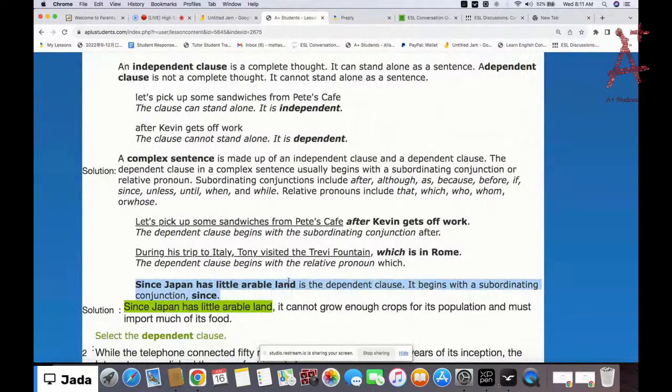Okay? So that's literally it. When you're asked to figure out the dependent clause, you have to check the subordinating conjunctions and the relative pronouns. Do they have subordinating conjunctions or relative pronouns? So if they have that, then that's perfect. Okay? So yeah. Let's see.